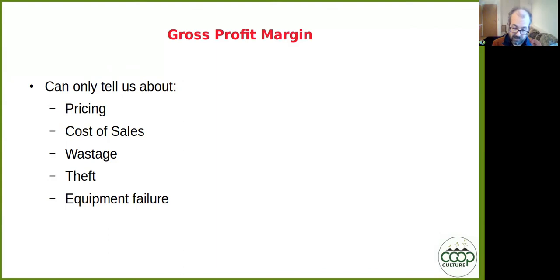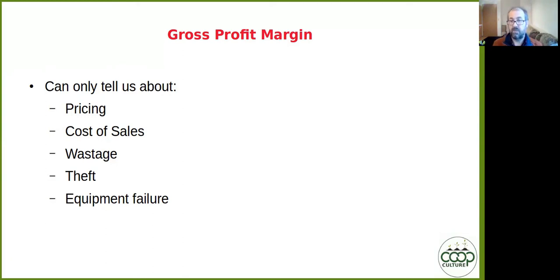In some sectors, in some industries, wastage has a very particular meaning. The bit of beer at the bottom of the barrel that you can't sell, the bit of beer in the drip trays that you throw away at the end of the night, the food that goes off in a restaurant. But in general terms, it just means any cost related to sales that you can't actually turn into sales.